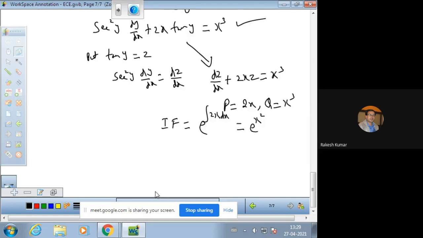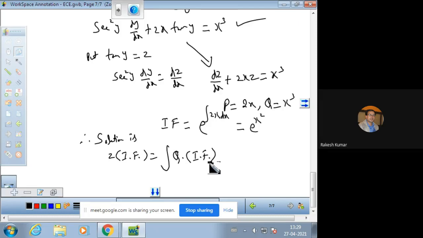And the solution is z into integrating factor is equal to integral q into integrating factor dx plus c.